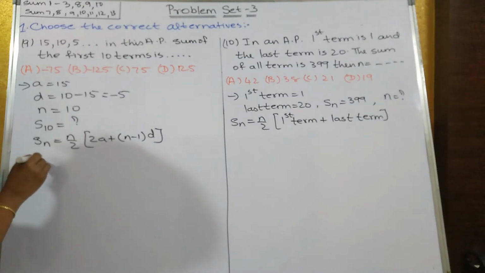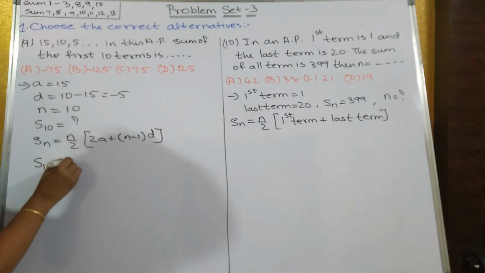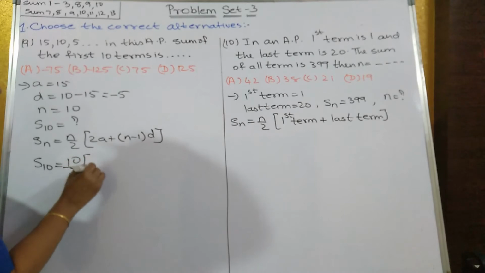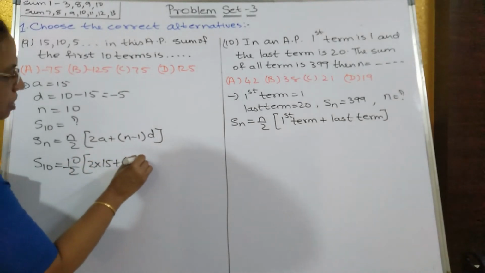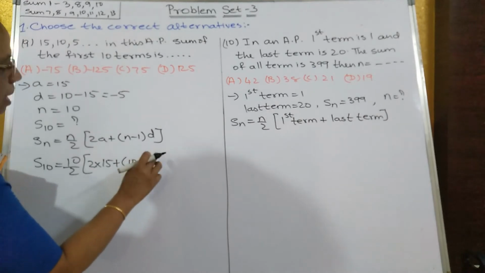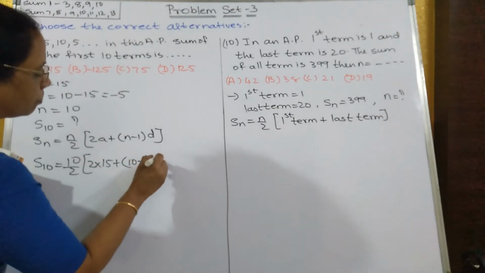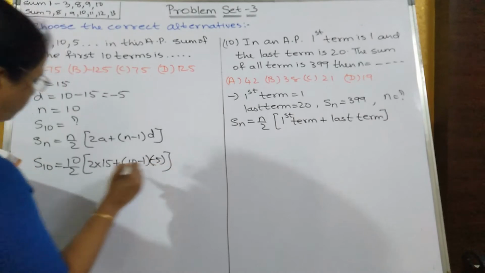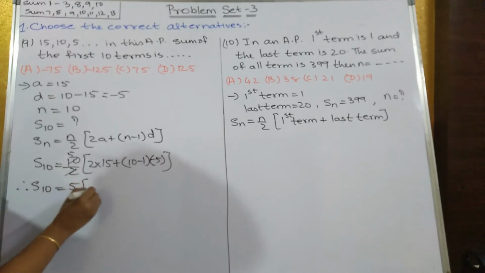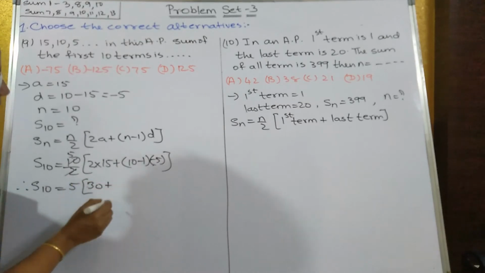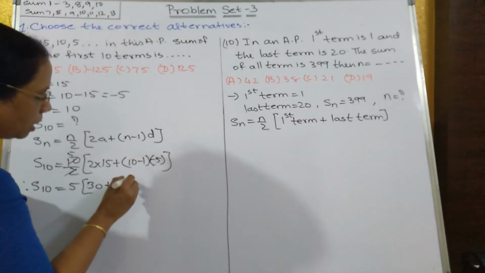So S10 is equal to how much? 10 upon 2 into 2 into 15 plus 10 minus 1 into D is minus 5. This will go in 5 tables. Therefore, S10 will be equal to how much? 5 into 2 15s is what? 30. 30 plus 10 minus 1 is what? 9 into minus 5.